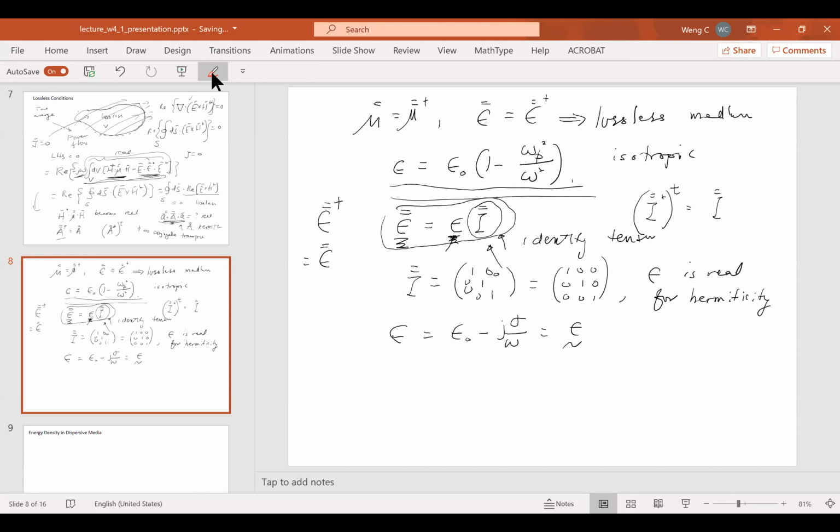I guess it's no longer Hermitian. That's right, it's no longer Hermitian because if you plug it back here, this is a complex number. If you take its complex conjugate, it's not itself anymore, okay? So a conductive medium is not satisfying this property, and hence a conductive medium is lossy, okay?